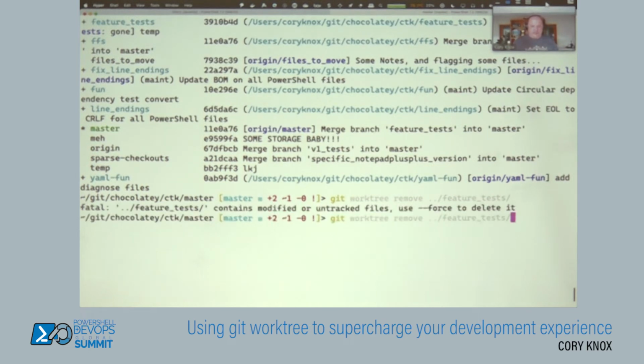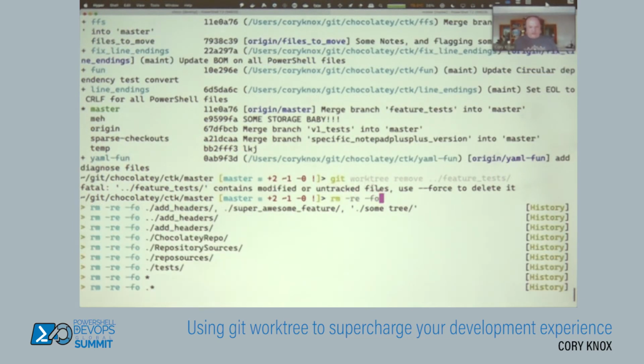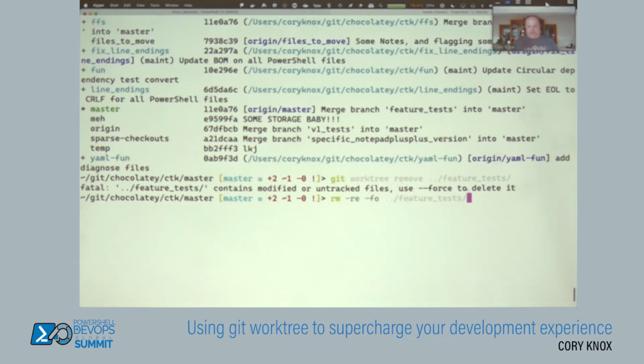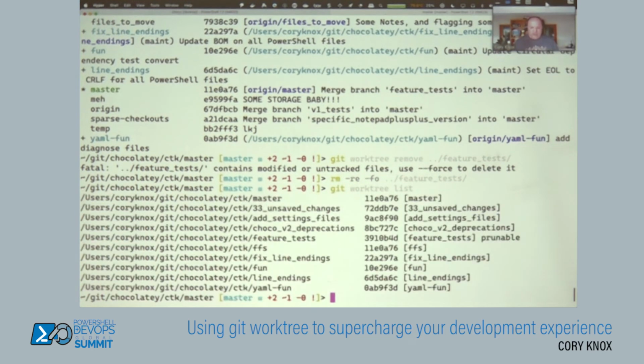In this case, that one has untracked files. So I'm not going to forcibly delete it; I'm going to remove it recursive force and just tell PowerShell to remove it. Because now if we do a git worktree list, what we'll see is that this one has been marked as prunable.